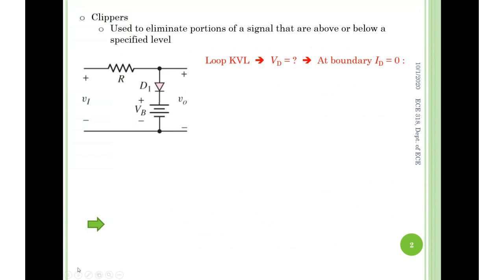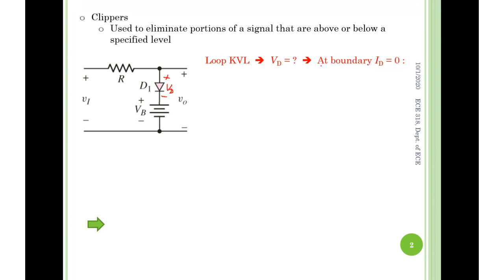VD is nothing but the voltage across the diode, because this voltage determines the forward or reverse bias of the diode, right? Only this voltage can tell whether the diode is on or off.